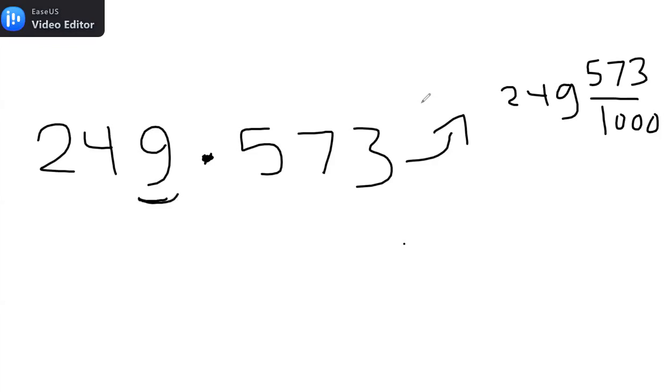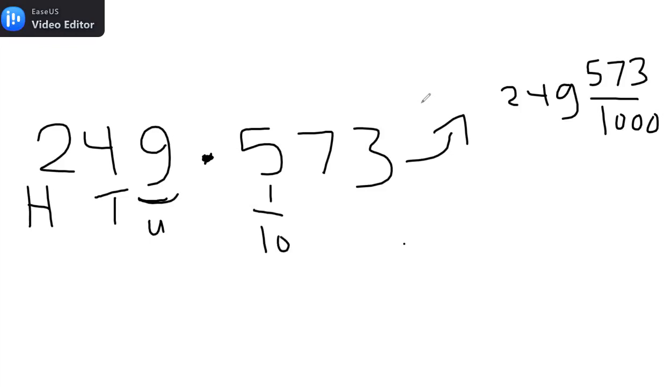It's in the whole part, so we call it units, or ones. Okay, Ziad, are you with me? 249 is the whole part of the number, which has units, tens, and hundreds. But the next digit after the point is tenths.